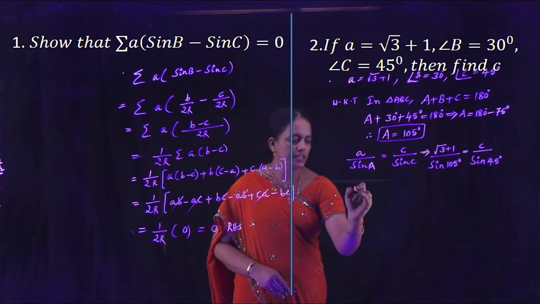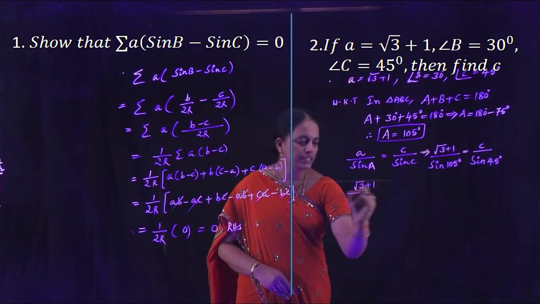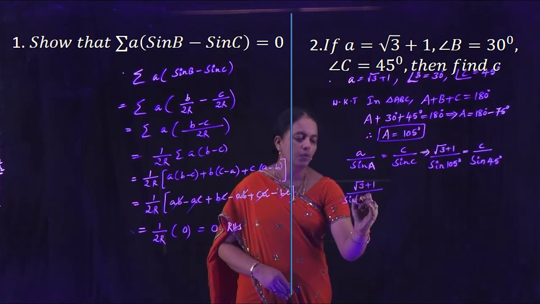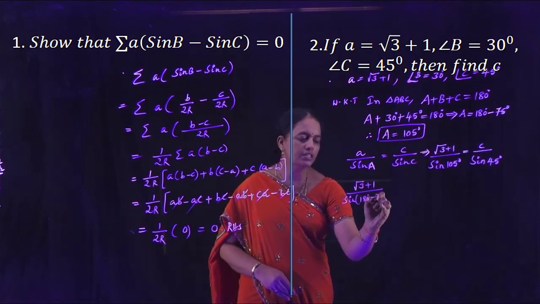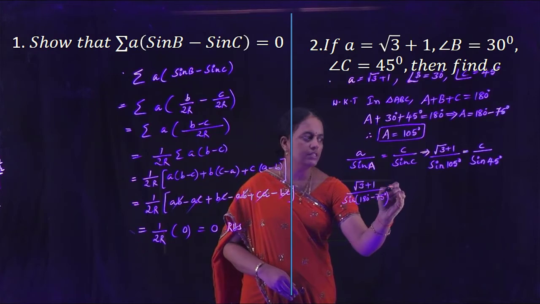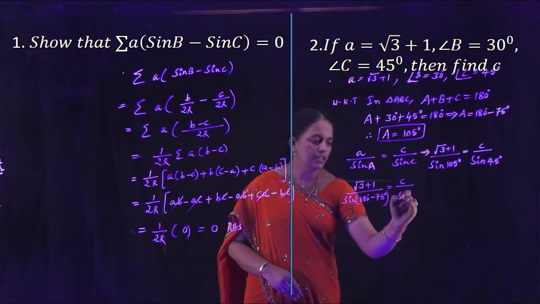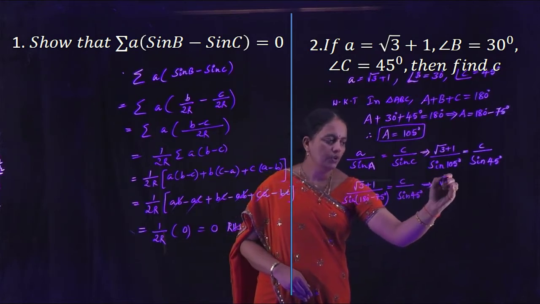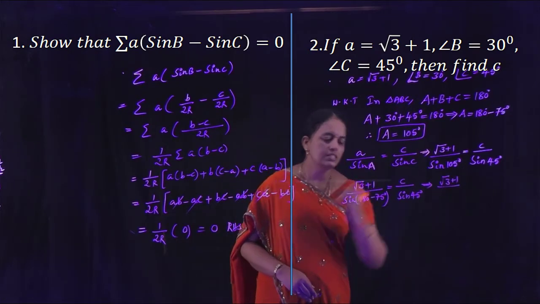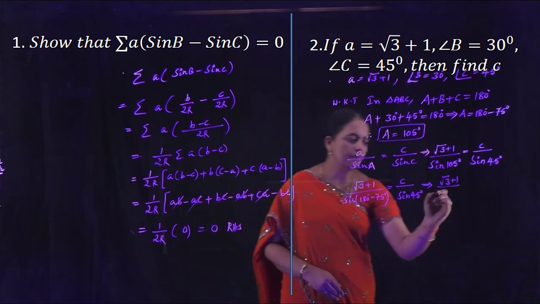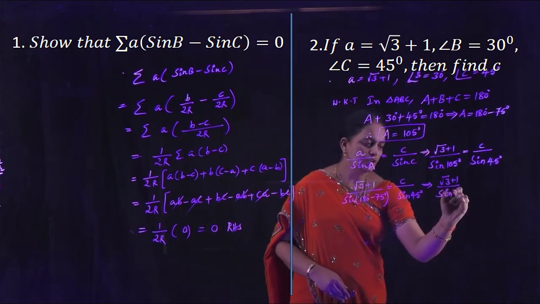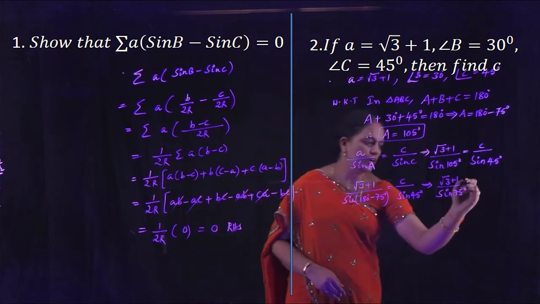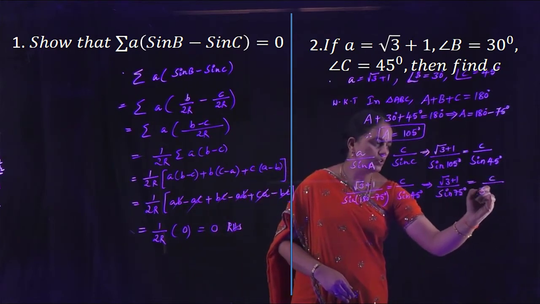This is equal to root 3 plus 1 by sin 105 degrees, which is 180 minus 75. Sin of 180 minus theta means sin theta. So sin (180 minus 75) degrees means sin 75 degrees, which is equal to small c by sin 45 degrees.